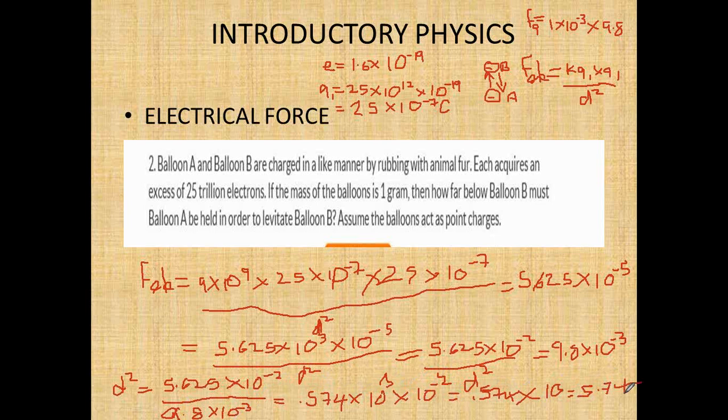To get d, d is the square root of that. So d is equal to the square root of 5.74.